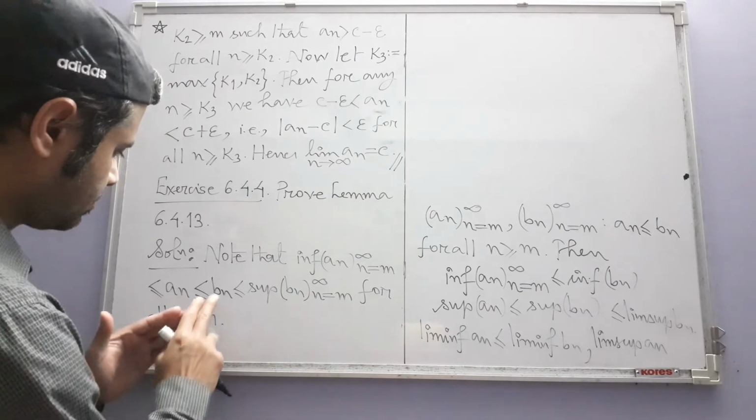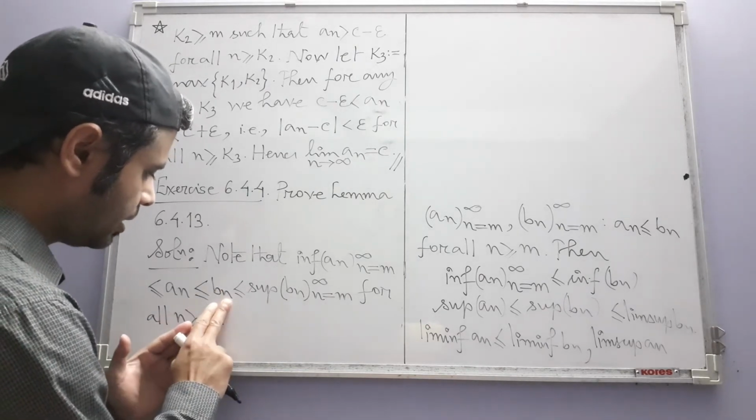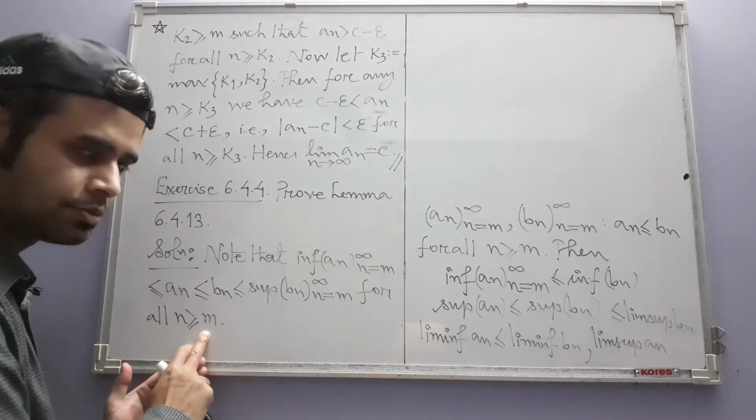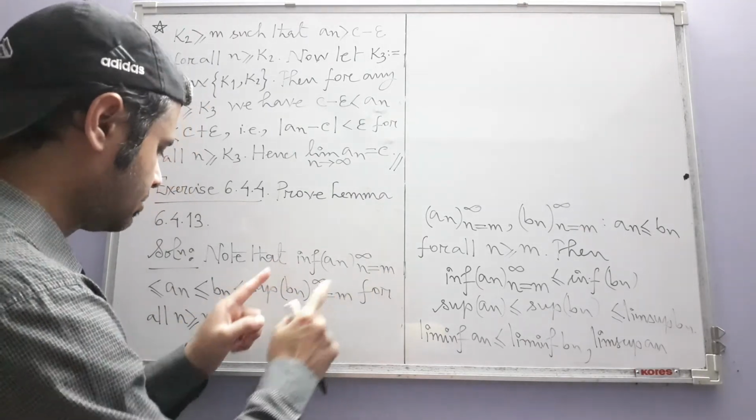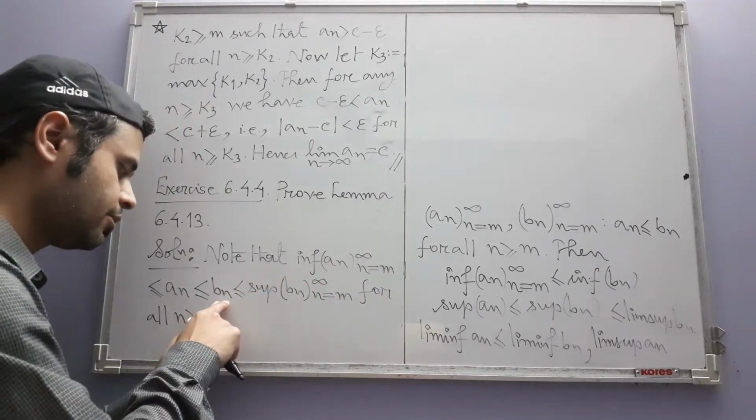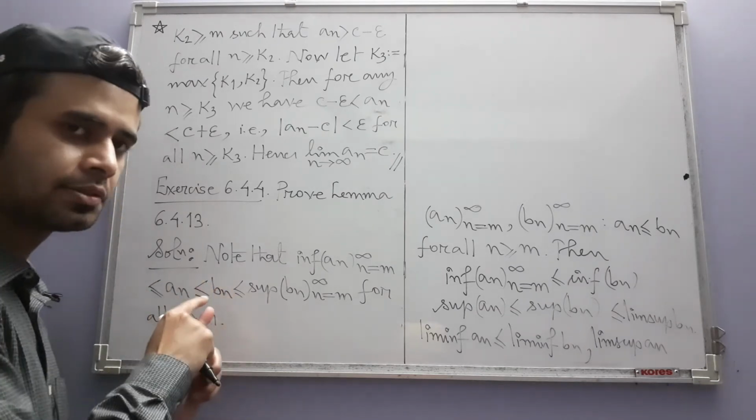You see, as small n is varying in this way, this infimum is less than or equal to all the Bn's.